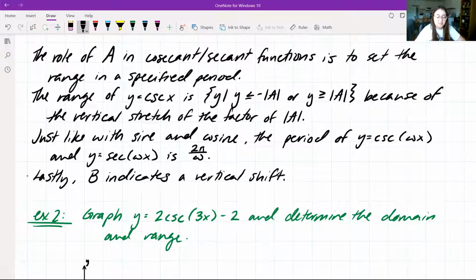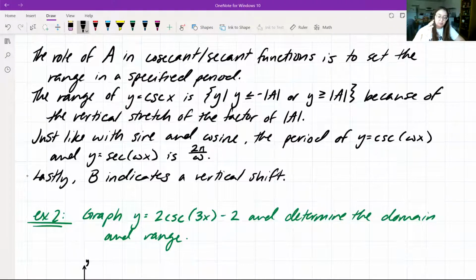The range of y is equal to a cosecant of x would then be, and once again, we see the set builder notation where we have y and then we state a property of y. So the range is y, where y is less than or equal to the negative absolute value of the amplitude, or y is greater than or equal to the absolute value of the amplitude, because of the vertical stretch by a factor of the absolute value of the amplitude.